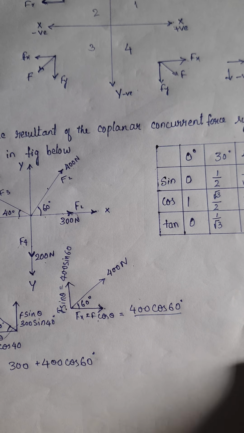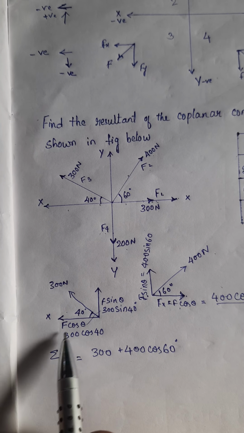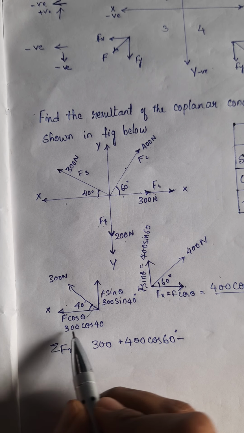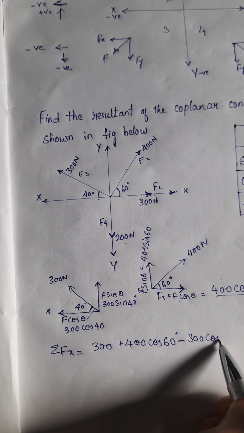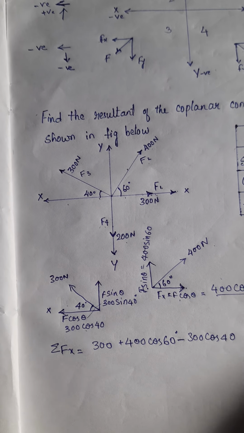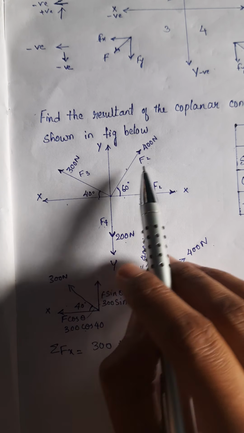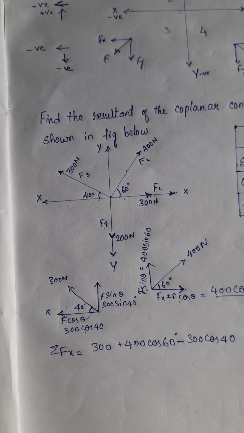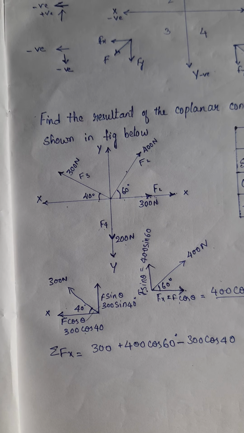And the next, third force, this is our third force, 300 Newton, and it is leftward. Leftward means negative here. So the force is 300 cos 40. Is there any other horizontal force? No. One force is horizontal, that is done. These two are inclined, we have already resolved them, and no other force. The fourth force is vertical, so we don't have to consider it in the horizontal case.